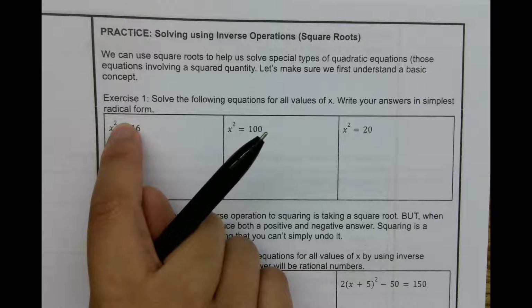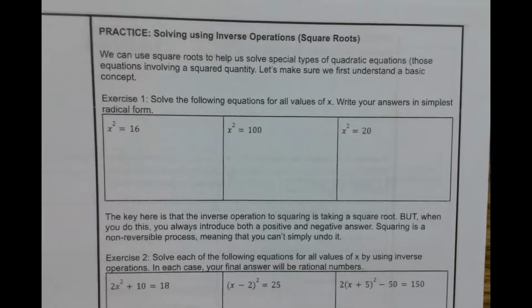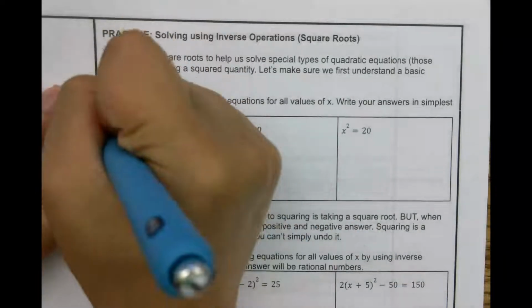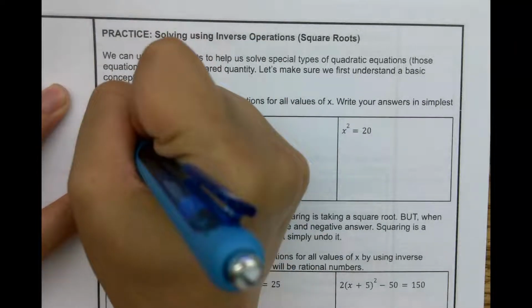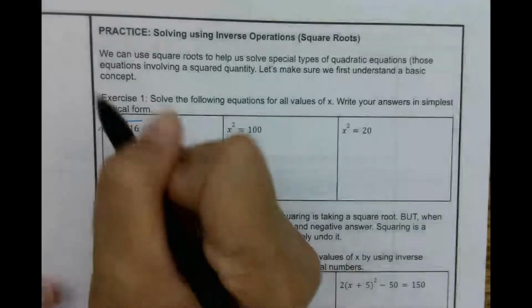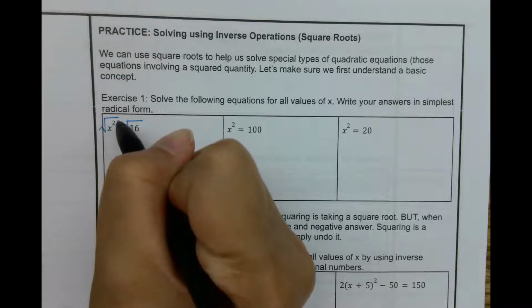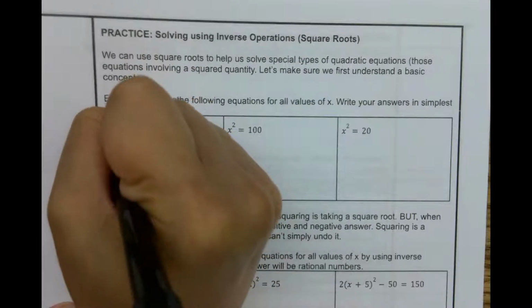Let me use another colored pen. Let's do blue. Because the square root and a square are opposites, what you do to one side, you need to do to the other. The square root and square undo each other because they are inverse or opposites, leaving me with just x.